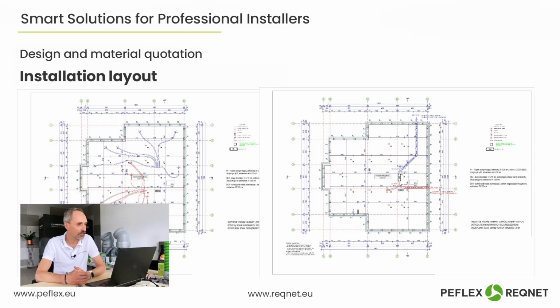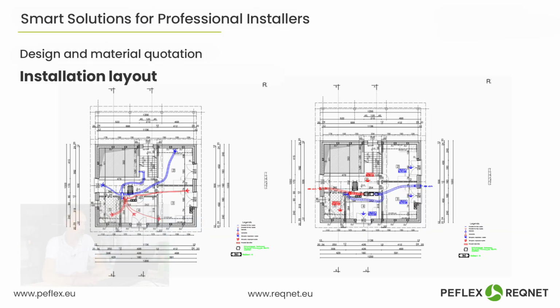The connection of the ventilation unit to the air intake and exhaust is also drawn out, as well as the connection to the distribution boxes, to the supply air distributor, and the exhaust air distributor. Here's another example of how it's prepared right away.